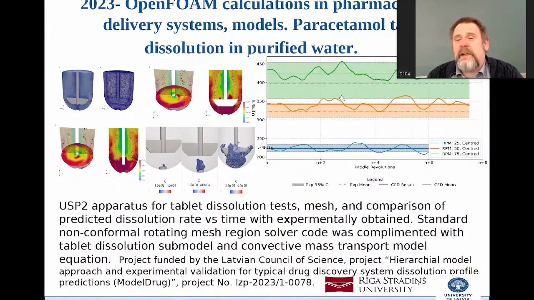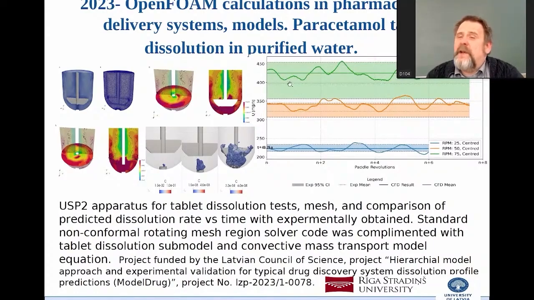And when we are looking at results, you can see those curves, which I think are pretty good. We can see different rotational speeds for this pendulum, which you see for such a kind of machine which is mixing water, and at the bottom here is the tablet. And during this mixing, the tablet is dissolving. And the dissolution speed by this rotational speed, you see those curves here, and you see our prediction.